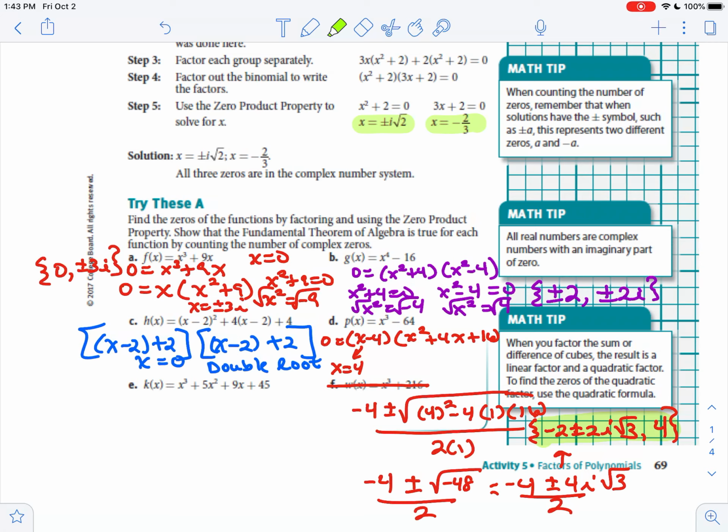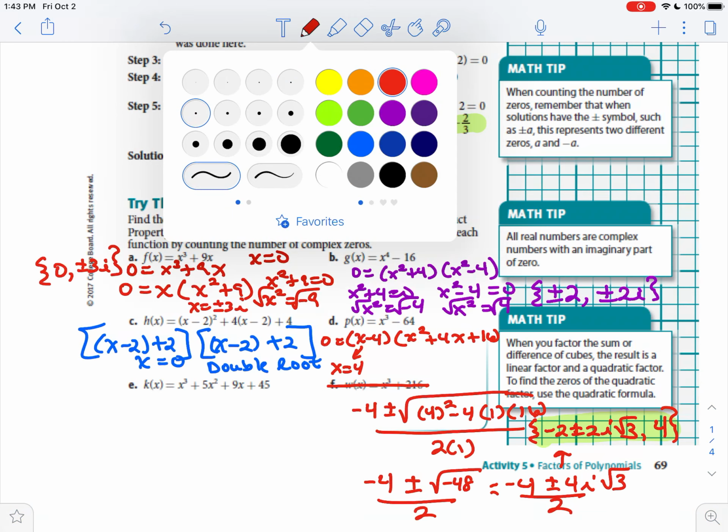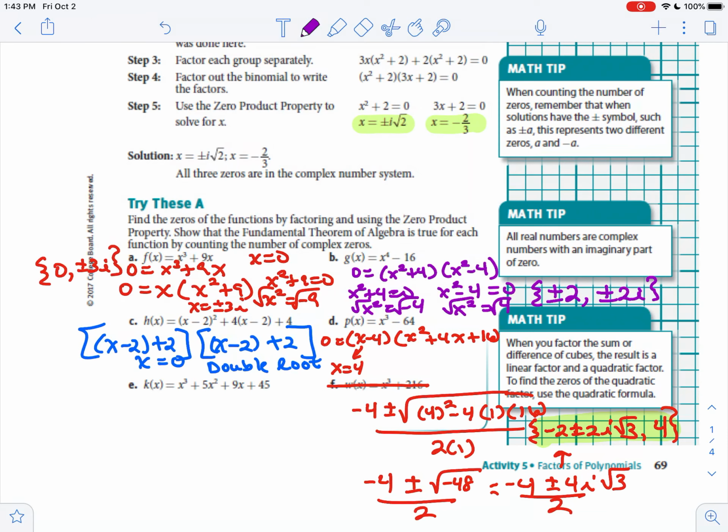Okay, so we'll do one more of these, which is going to be a 4-term polynomial. We actually do a little grouping on this one. So we'll set it equal to 0, of course. And if we group the first two, we can factor out x squared, and we get x plus 5. And in the second grouping, we can factor out 9, and we get x plus 5. So 0 is equal to x squared plus 9 times x plus 5.